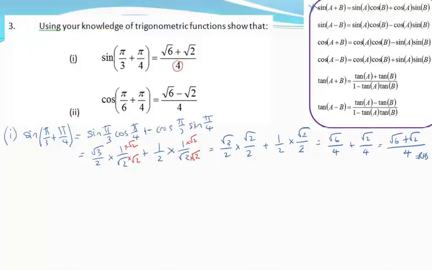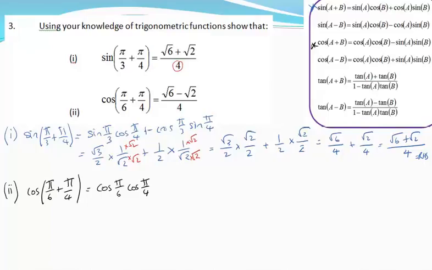For our equation 2 here, we have cosine of pi on 6 plus pi on 4. So here we're using this formula here. We have cosine of pi on 6 multiplied by cosine of pi on 4 minus sine of pi on 6 multiplied by sine of pi on 4.